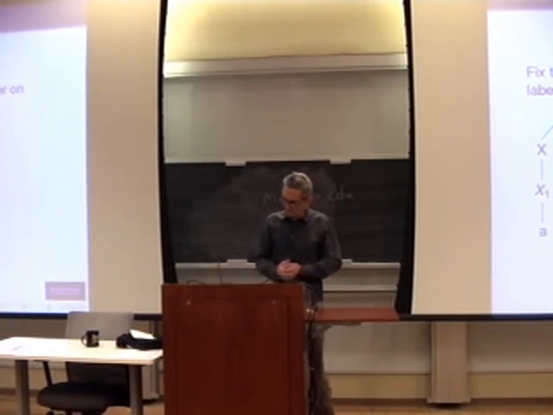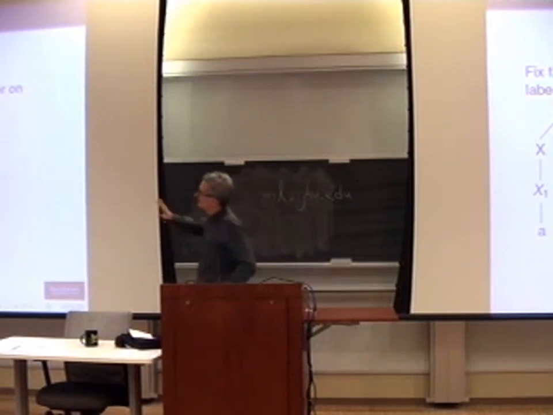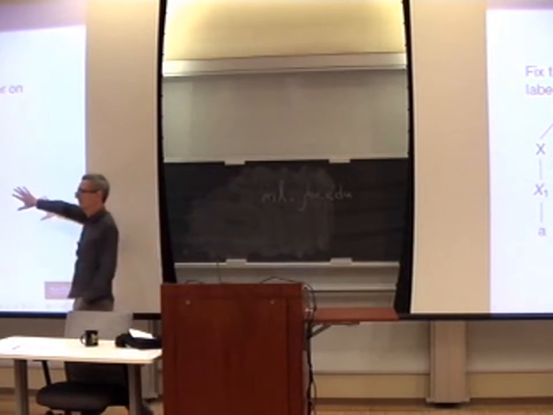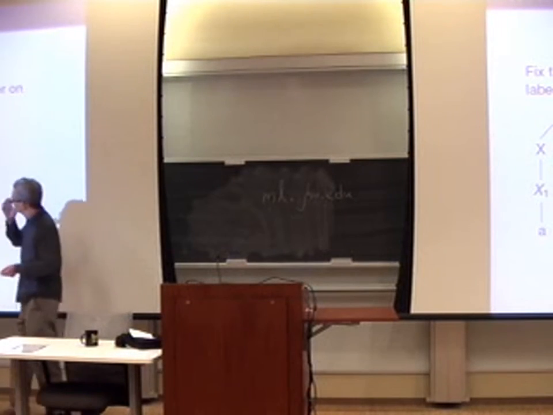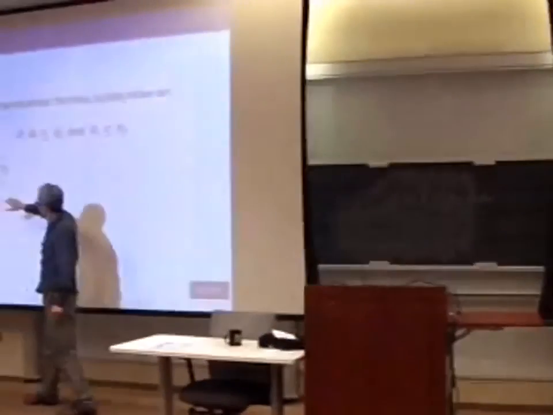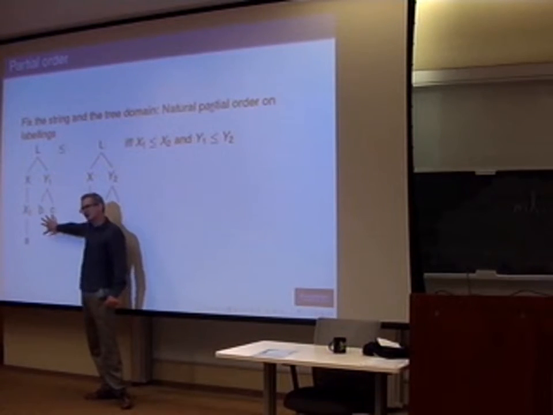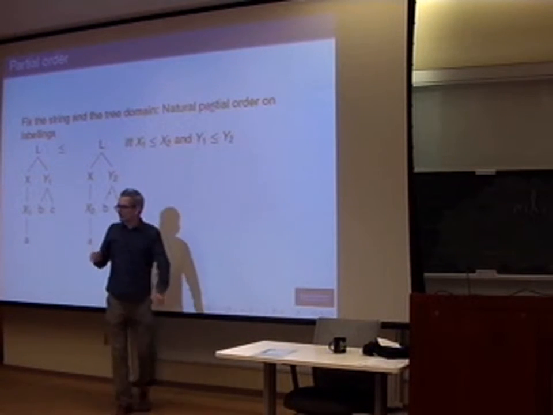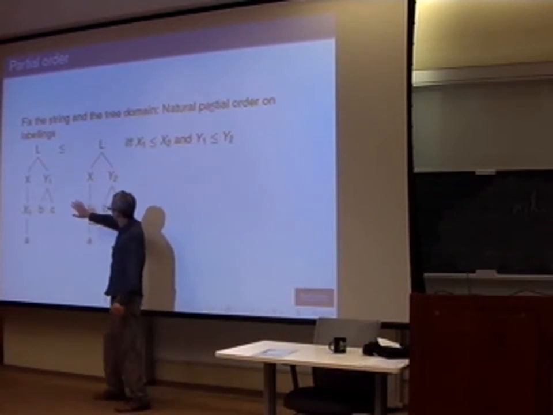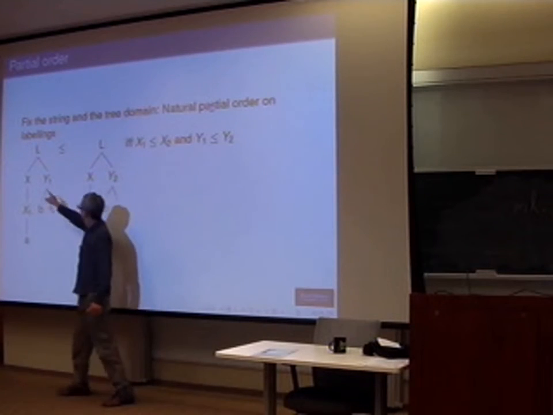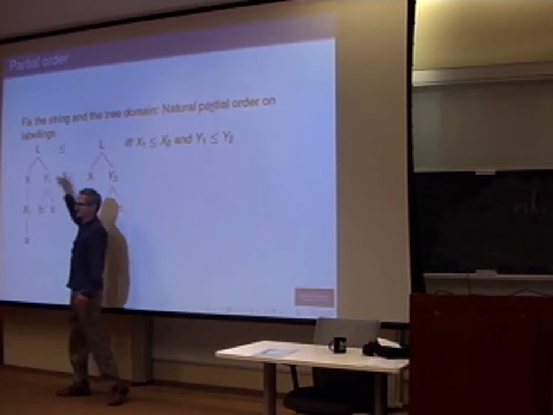Okay? So the first thing we can say is there's going to be a partial order on these trees. Okay, because we have this nice algebraic structure, we have a partial order here. So we fix the structure of the tree, we fix the leaves, and then we have a partial order in the natural way. We're going to say this one is less than this one if this one is less than or equal to this one, and this one is less than or equal to this one, and so on.